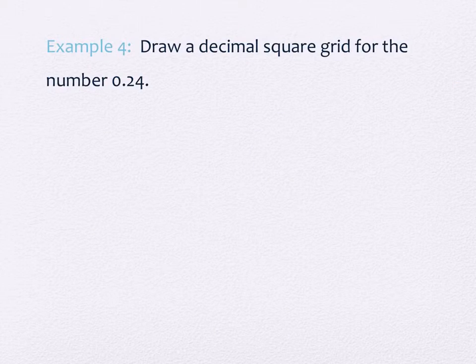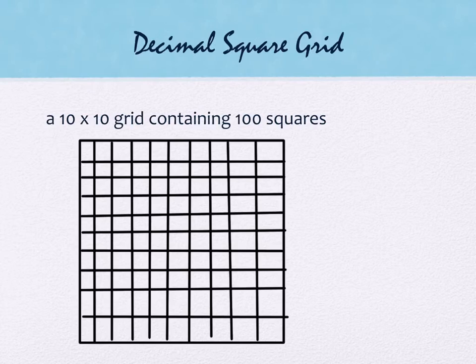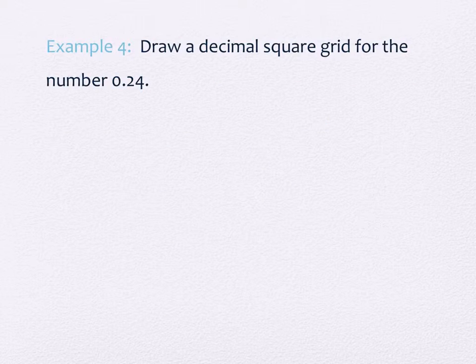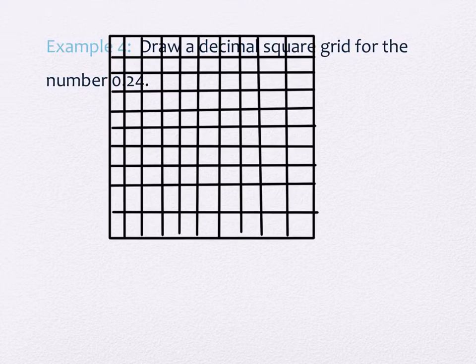So what we're going to do is draw that decimal square grid now for the number 0.24. So draw it one more time, because if once was good, twice is better, right? Well, you could write yourself a note that says, see the last slide.